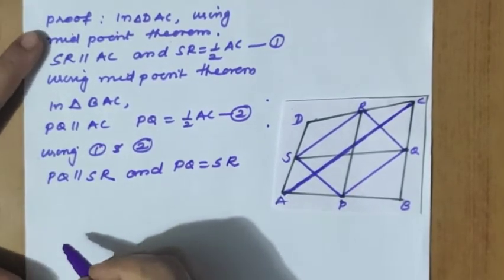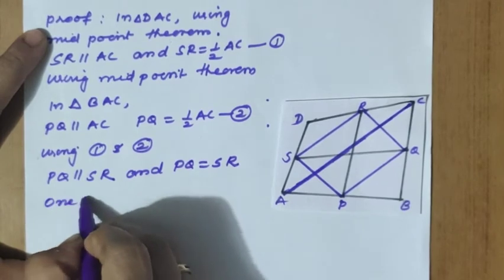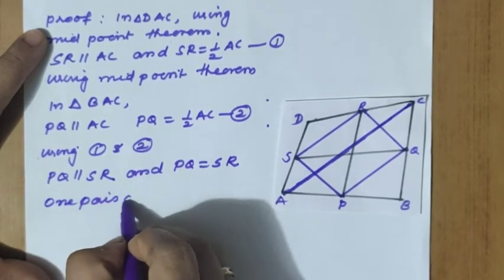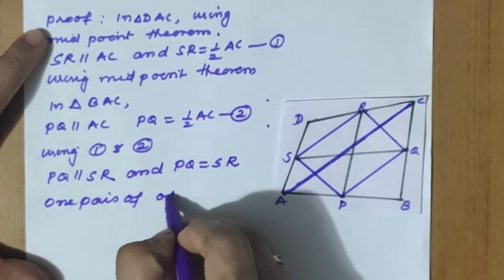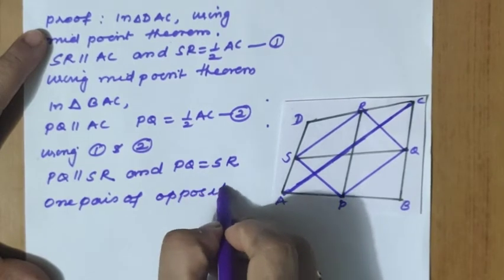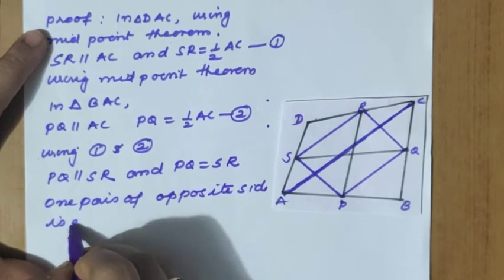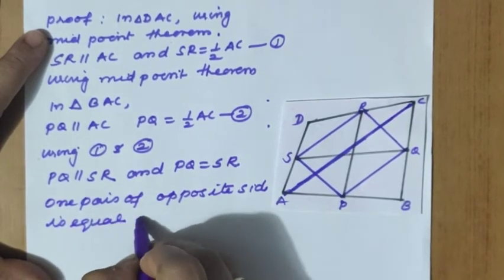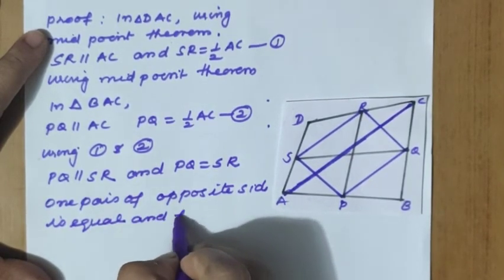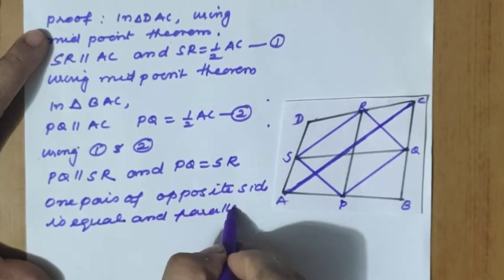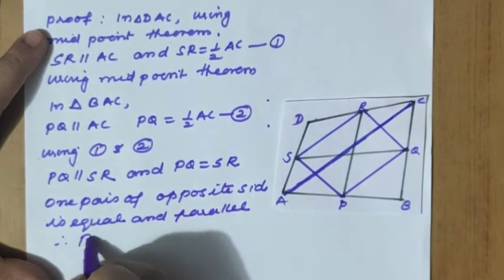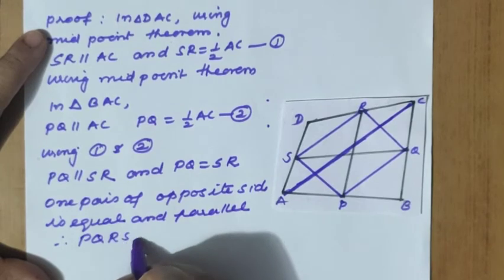One pair of opposite sides is equal and parallel. Therefore, PQRS is a parallelogram.